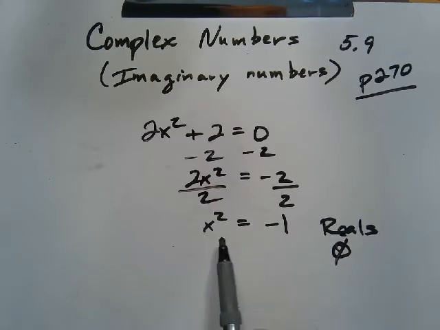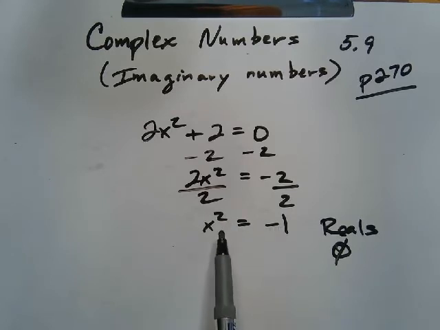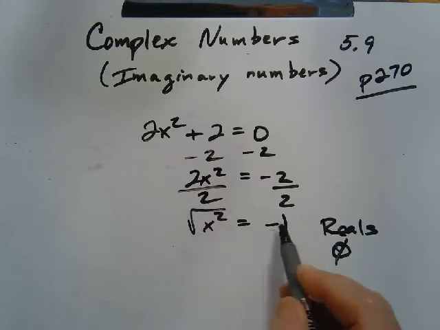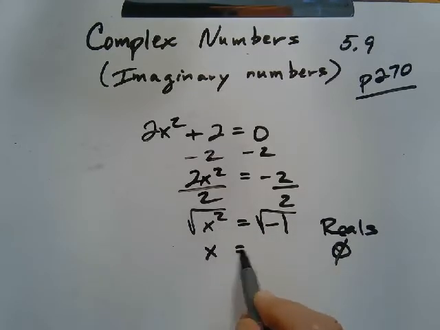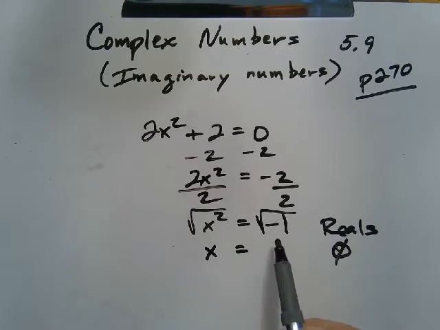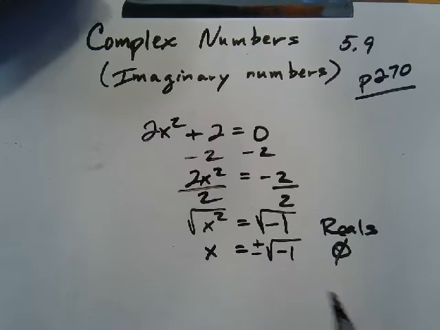So we're going to take a look at how to solve problems where we have to take the square root of both sides of something. We take the square root, and this is now x, and now we're asking for the square root of negative 1. In this case, it'd be plus or minus the square root of negative 1.